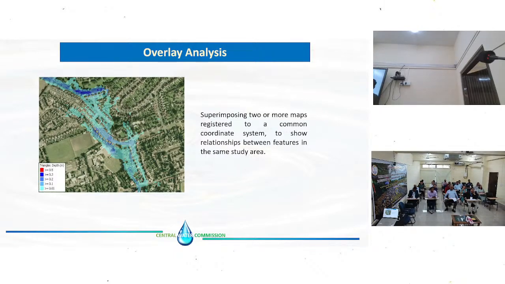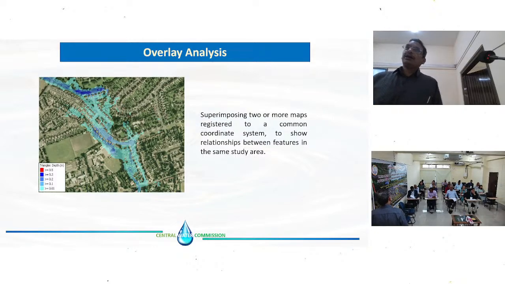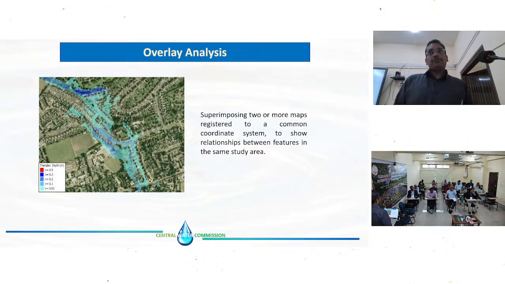Now, how to capture flood? That is another thing. Through remote sensing, it is possible. It will capture the spread of water. Water is very easy to identify, but depth information you have to get from a digital elevation model, the elevation information, and if you know the water level, automatically you will get to know the depth.